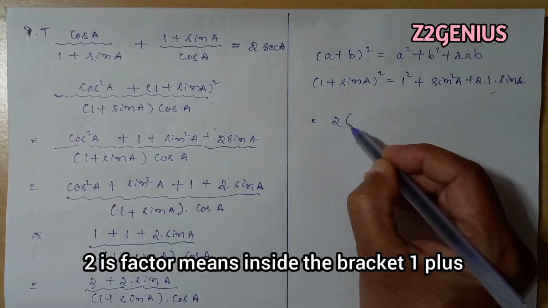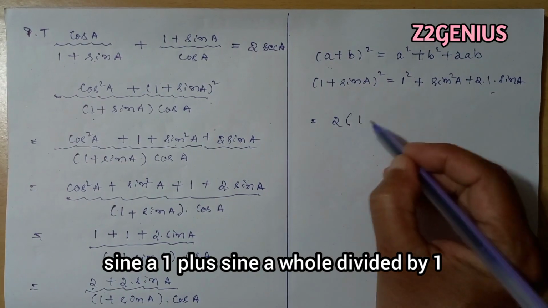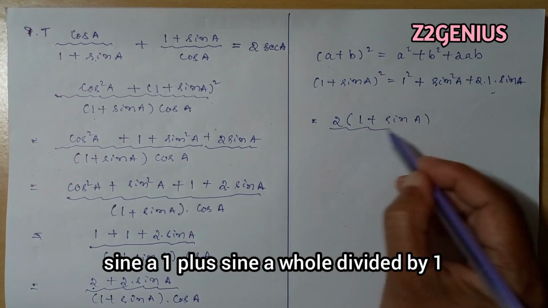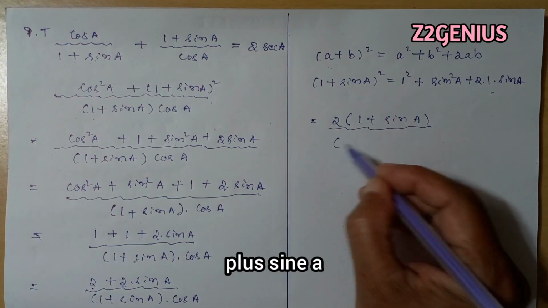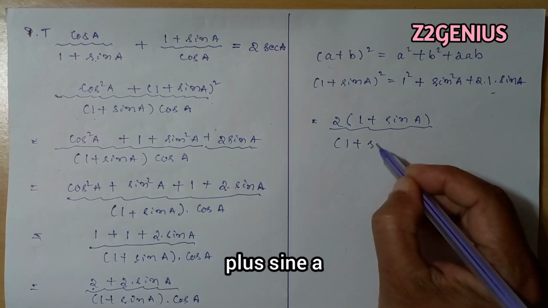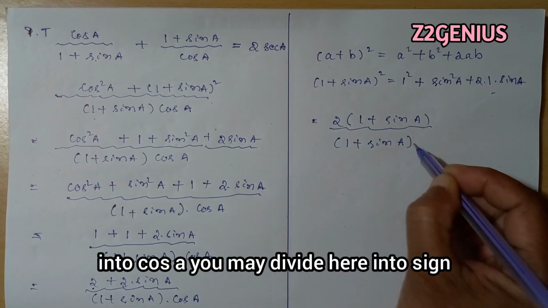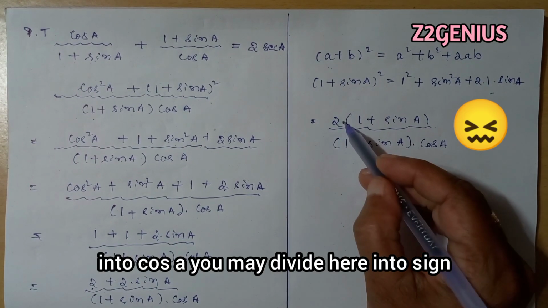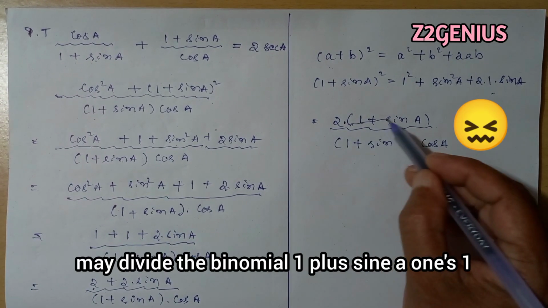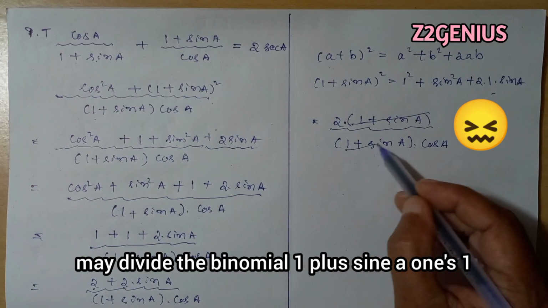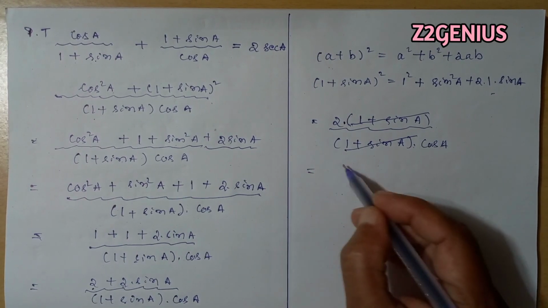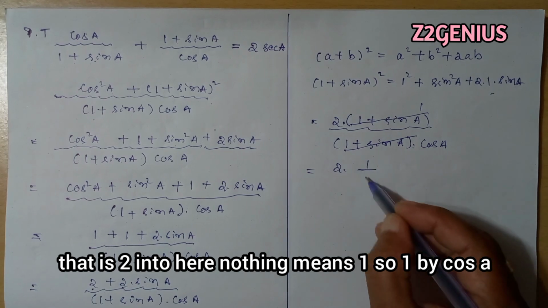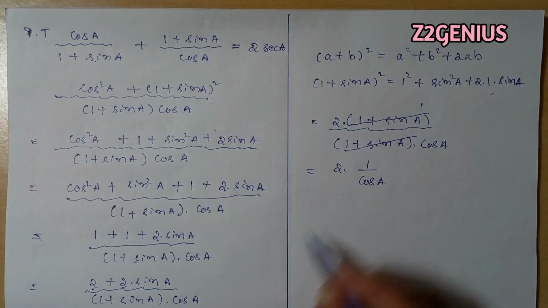Inside the bracket 1 plus sin A, whole divided by 1 plus sin A into cos A. Here 1 plus sin A is there in the numerator, here also 1 plus sin A is there. You may cancel the binomial 1 plus sin A. What is remaining? That is 2 into, here nothing means 1, so 1 by cos A.